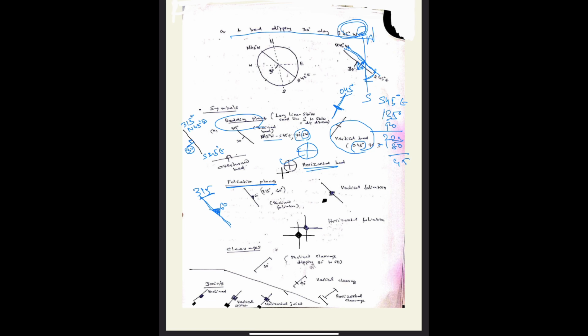And if it is a vertical plane, then we draw these triangles on both sides of the strike line to indicate a vertical foliation. So this will be strike direction, and this is the dip, indicating the dip value of the foliation.